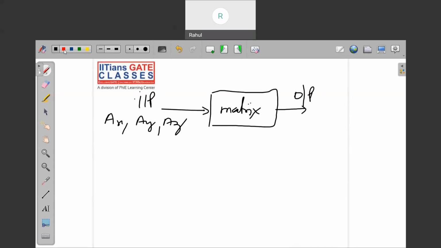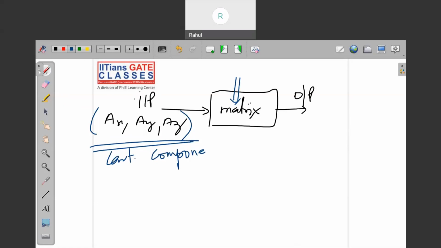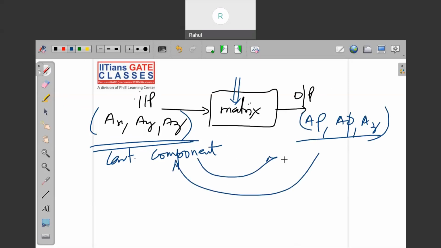So you don't have to bother about any geometrical way of understanding how they are converted. You need to only keep in mind this matrix. In the input you will give these Cartesian components, and the matrix will convert them. So the output is going to be your cylindrical A rho, A phi, and Az, and vice versa.